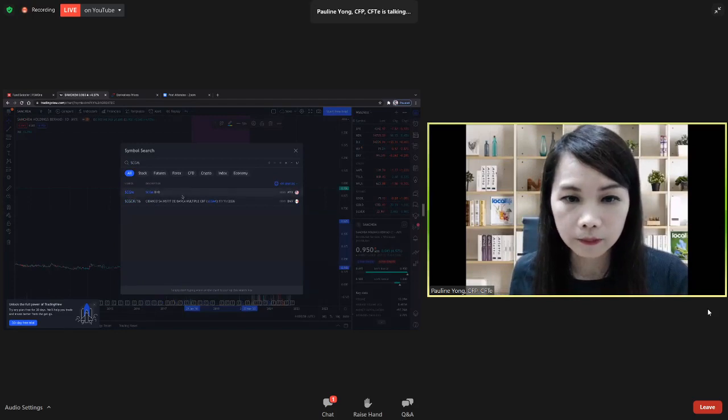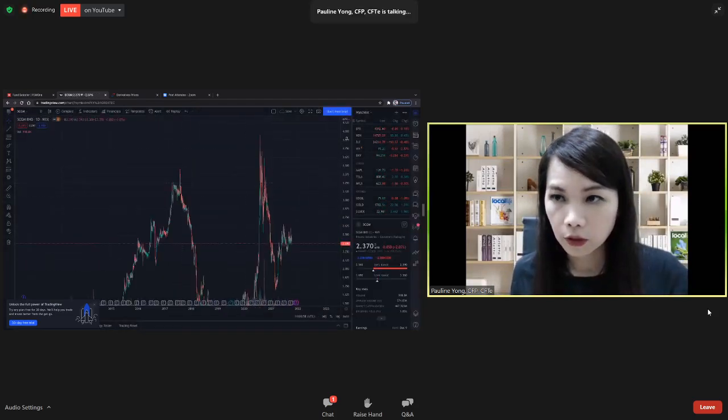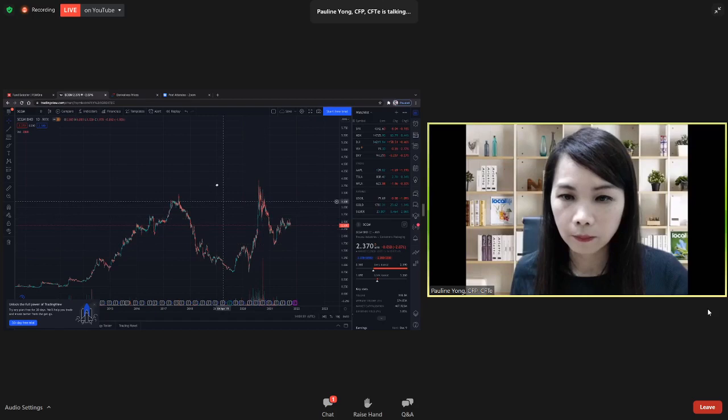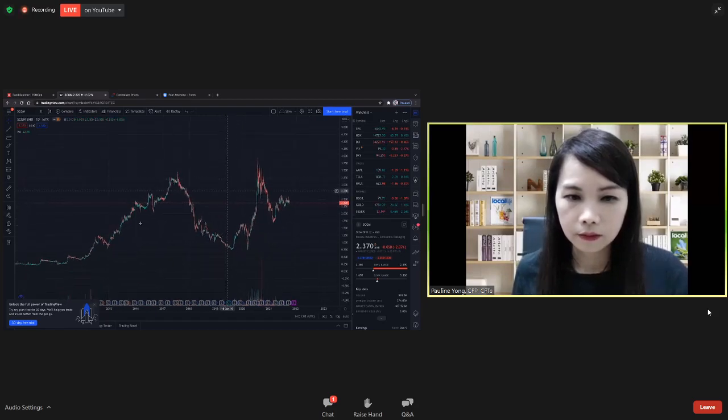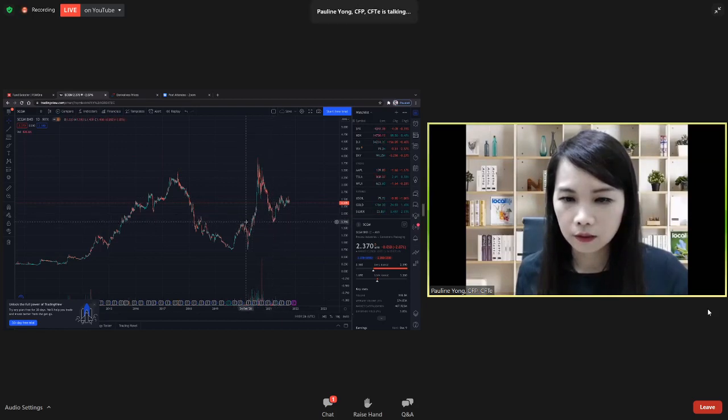Okay, SCGM, you are looking at this, and then this one is down one. Then you are looking at the uptrend here. So this uptrend, this is wave number 4, almost there, but haven't.